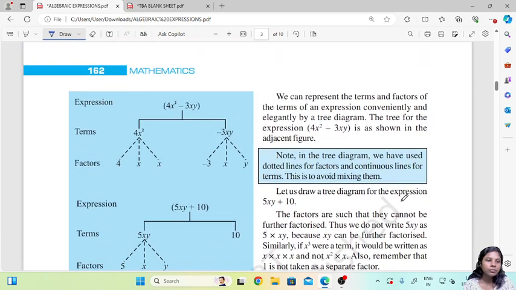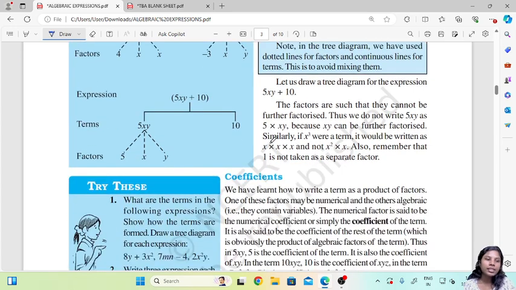So see here, this is 4x cube minus 3xy. This is our expression. Then we have divided into 4x cube and minus 3xy. So these are the two terms. This is one term, this is another term. Then we have further divided them into the factors, that is 4, x, x, x and minus 3, x and y. So that is the difference between the expressions and terms.